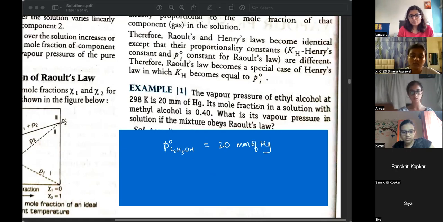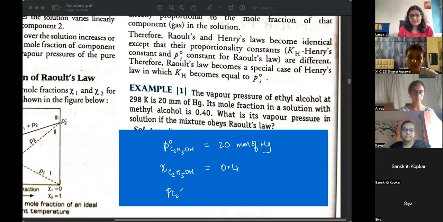Now its mole fraction in a solution with methyl alcohol: the solution has ethyl alcohol and methyl alcohol, mixed in a ratio such that the mole fraction of ethyl alcohol is 0.4. The remaining 0.6 is methyl alcohol, but we don't need that right now. What is its vapor pressure in the solution if the mixture obeys Raoult's law?